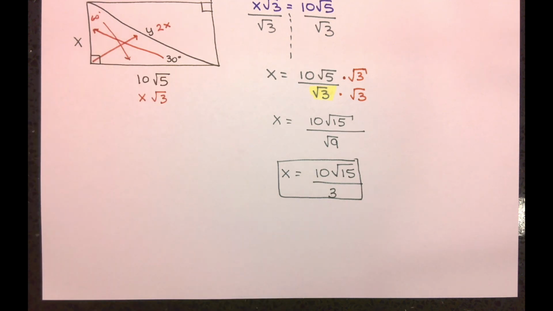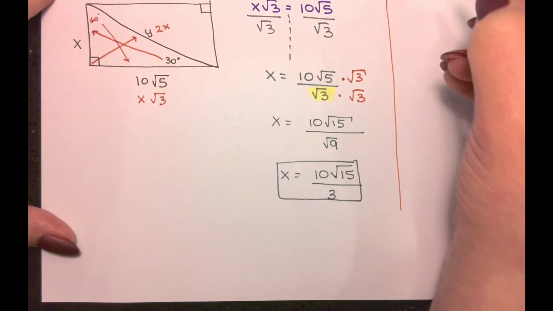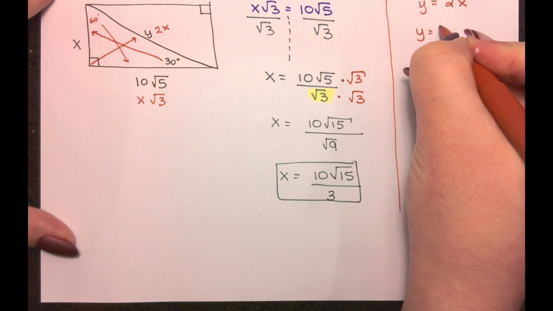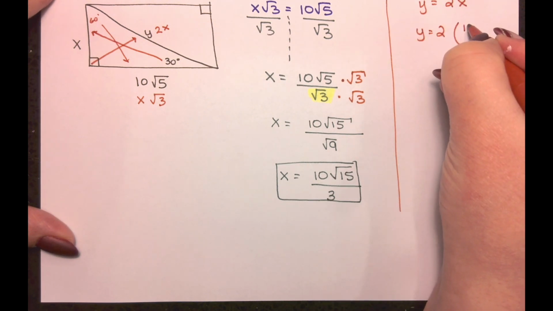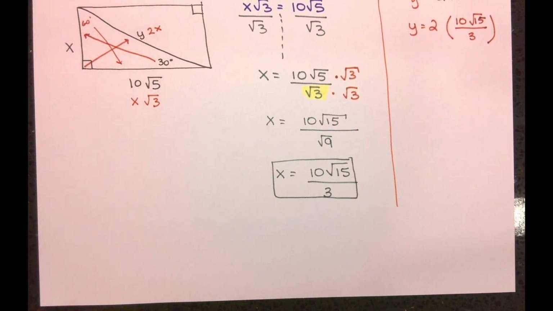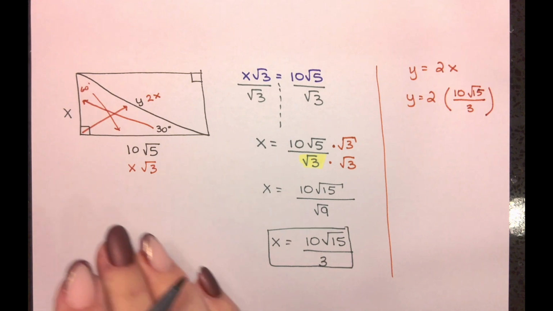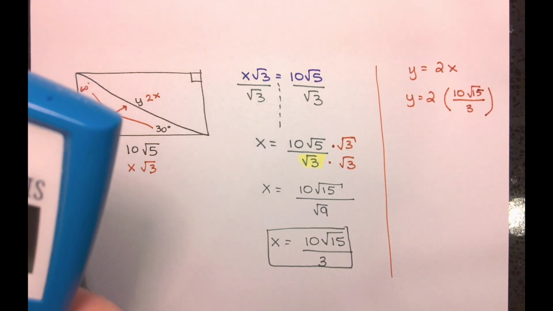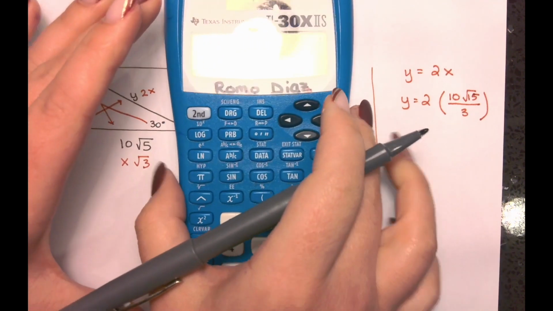Now they are asking for y as well, so that's our second equation. Again, don't let that scare you. Seems a little messy here, but that's okay. So you have a choice to make here. You can type this into the calculator if you'd like, or you can do this by hand.